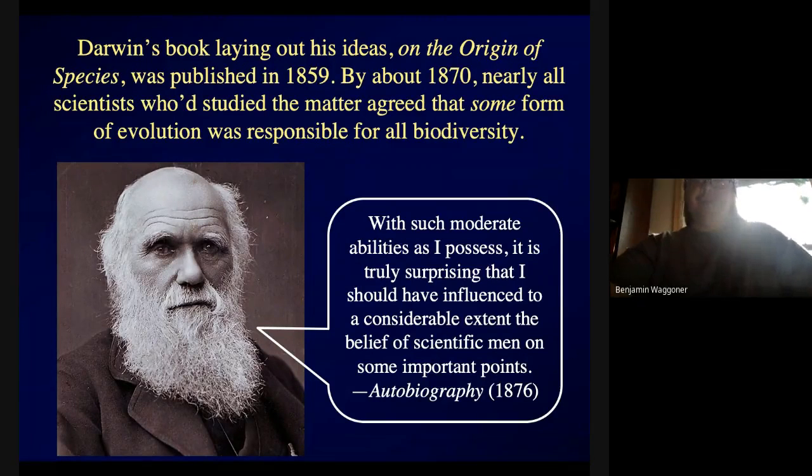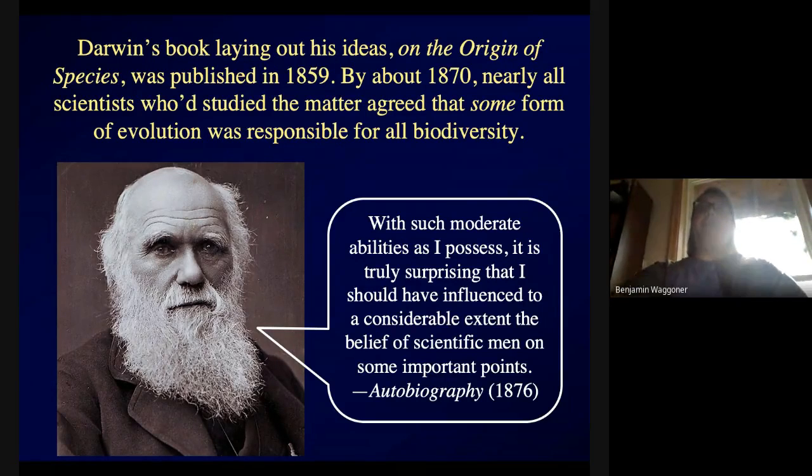It was a bestseller. It stirred up a great deal of interest and a great deal of controversy. But by about 1870, just about all scientists who had studied the matter agreed that some form of biological evolution was responsible for the diversity of life on Earth.